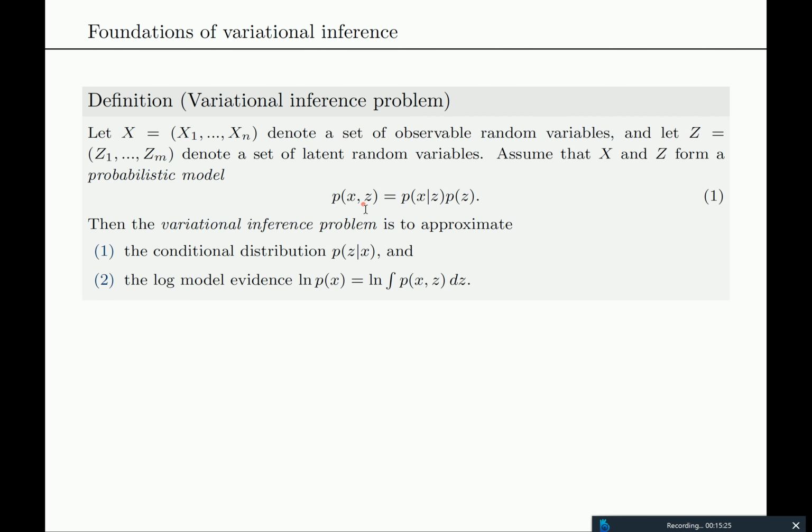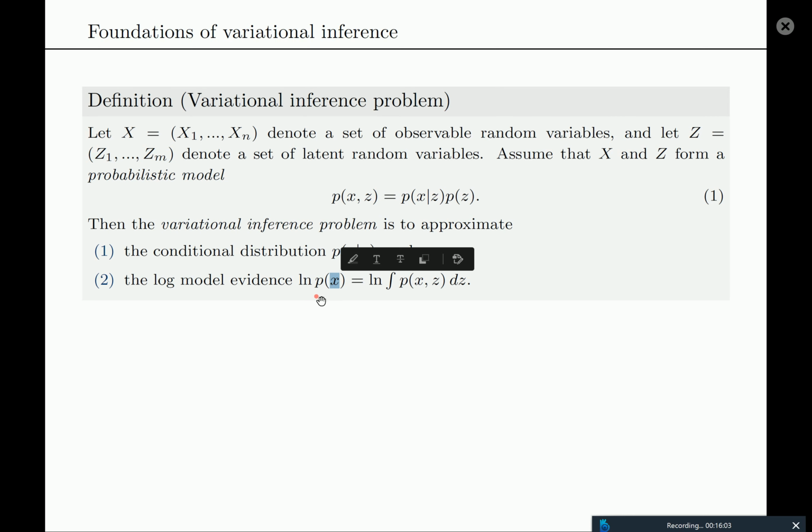The problem of variational inference is then to approximate, ideally correctly, the conditional distribution of the latent variables given the data, which you can also just call the posterior distribution in this probabilistic model, and the log model evidence, which is the log of the marginal distribution of the data.